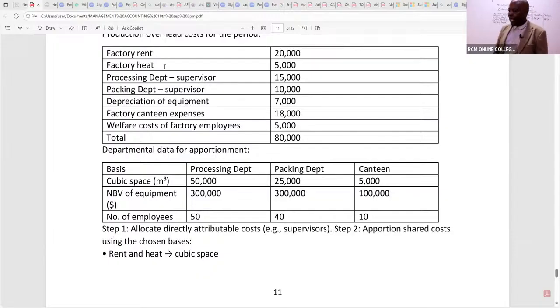The criteria given, ladies and gentlemen, there are three here. Do we use cubic space to apportion it, net book value of equipment, or number of employees? Amongst the three, which one do you think is the most appropriate to apportion the factory heat?